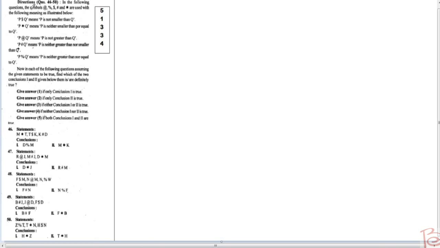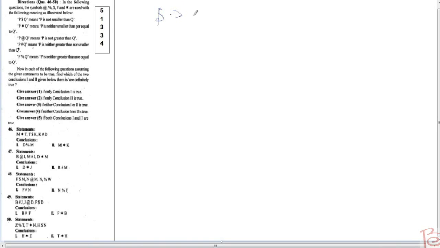The question is: in the following questions, the symbols at, percentage, dollar sign, number sign and star are used with the following meaning as illustrated below. P dollar Q means P is not smaller than Q. So that basically means P can be greater or equal.